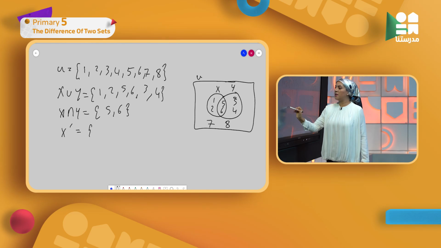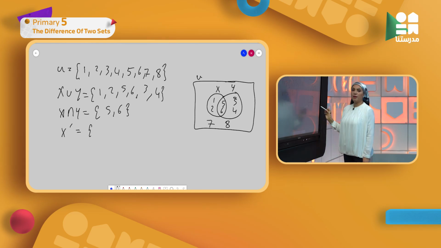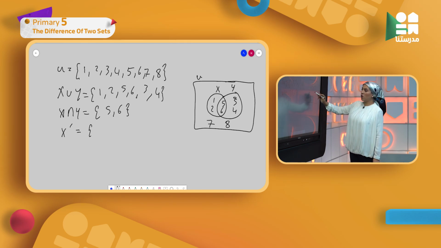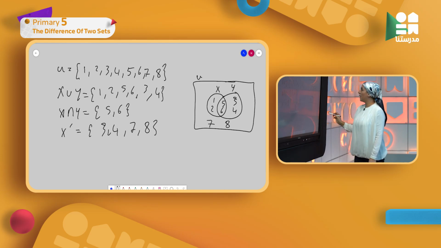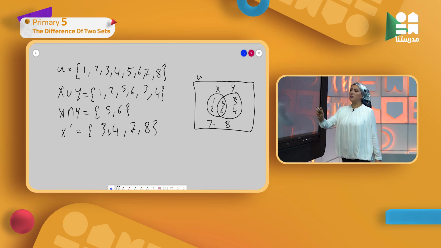X complement is all the elements, okay, that are in U, بس not in X. يبقى I will ignore the 1 and 2, and I will take all the other elements which are in Y, which are 3, 4, 7, and 8, and Y complement.